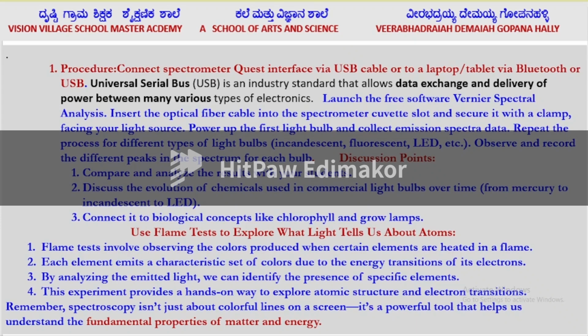Compare and analyze the results with your students. Discuss the evolution of chemicals used in commercial light bulbs over time, from mercury to incandescent to LED. Connect it to biological concepts like chlorophyll and grow lamps. Flame tests involve observing the colors produced when certain elements are heated in a flame.